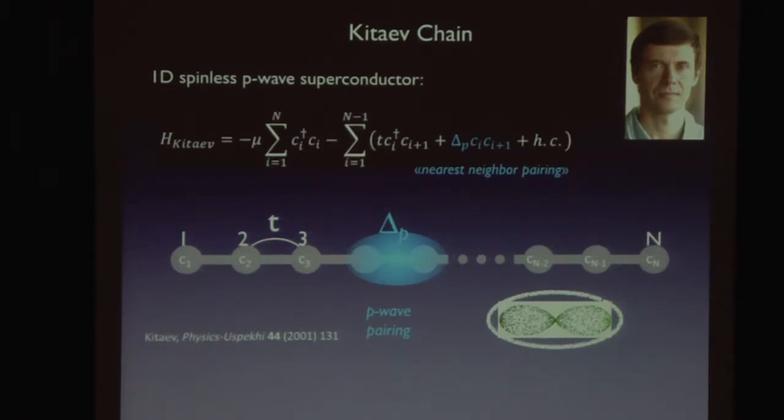When you exchange the 2 electrons, you get a negative sign. And the only way you can do that is if you pair them in a p-like fashion. This is a p-like orbital, which gives you a plus and a minus. And this preserves the antisymmetric property of the pair wave function.